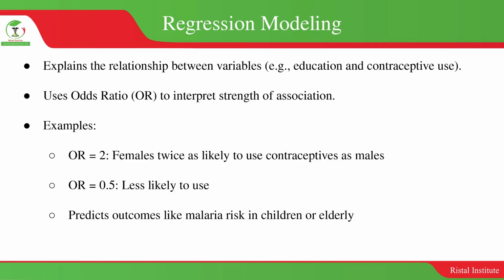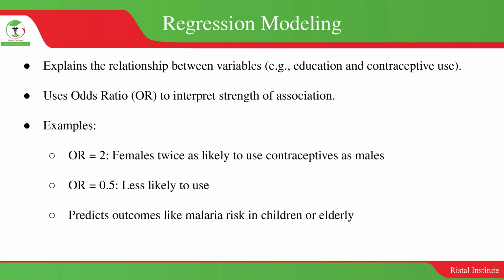For example, if you wanted to understand contraceptive uptake among males and females, and the regression odds value is 2, you should be able to understand that the odds of females using contraceptives is twice, meaning that the chances of a female using a contraceptive is twice that of a male.